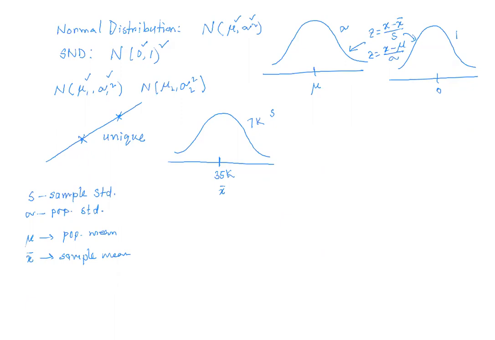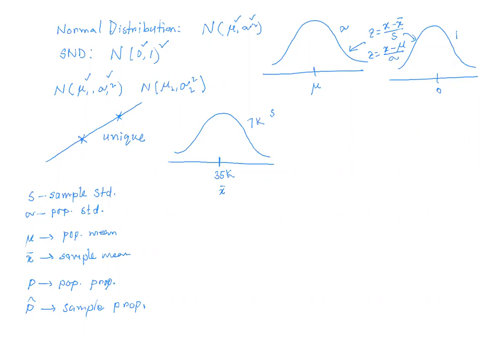Also, while I'm on the topic, P is the population proportion, and P hat is the sample proportion. Please make sure that you are clear on these definitions, because if you are not, then when you're doing problems, you're going to mix them up.